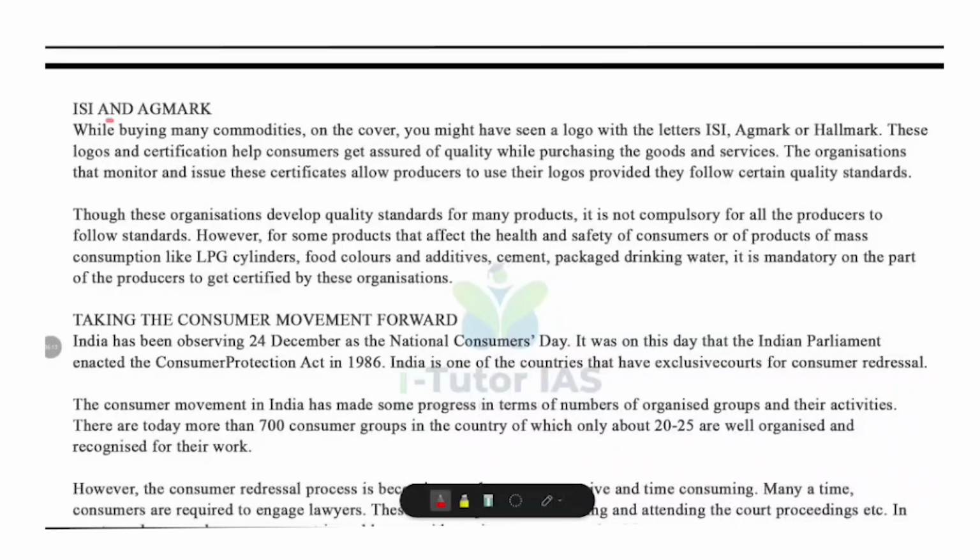Now, ISI and AGMARK. While buying products, you might have noticed logos like ISI, AGMARK or Hallmark on the packaging. These logos act as a guarantee of quality for consumers. The organizations behind these marks set quality standards and allow producers to use the logo only if they follow these standards.